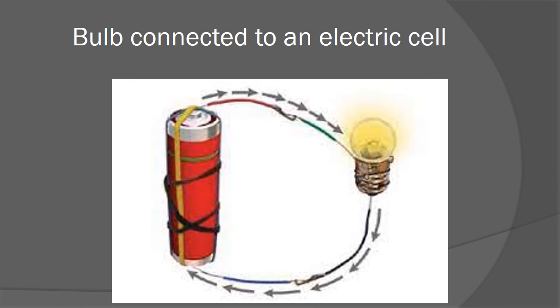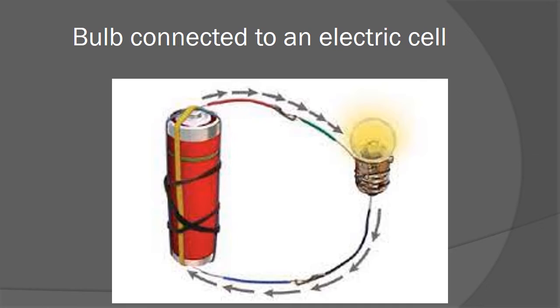The two terminals of a bulb are fixed in such a way that they do not touch each other. To make the bulb glow, we have to connect the ends of two wires to the cell and the other two to the bulb. When the electricity flows through the filament, it gets heated up and starts glowing.